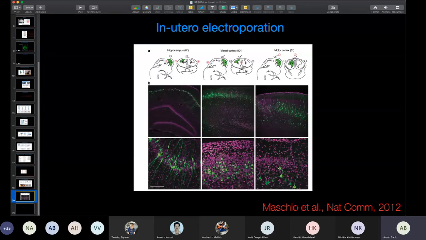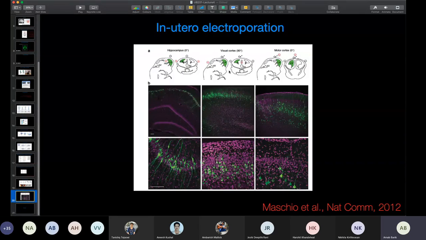When the mice are born, they can even grow up, and then you can take out the brain and look at the cells that you have labeled. Depending on the time you injected, you can see different types of cells being labeled. You can knock a protein down and understand the consequences.